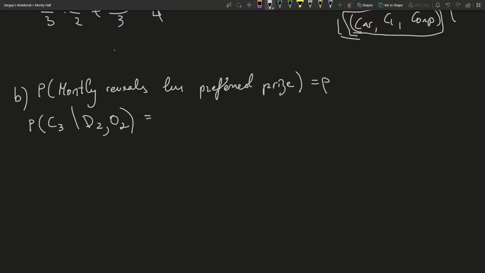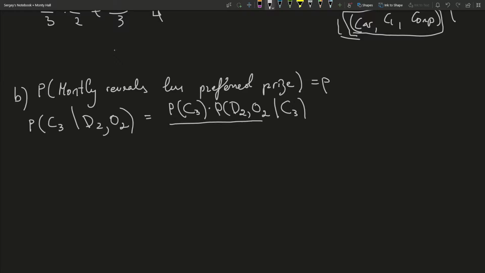So again, we apply the Bayes rule and we apply the law of total probability. So we get the prior probability that there's a car behind door 3, times the probability that Monty opens door 2 and reveals a computer behind it, given that door 3 contains the car.